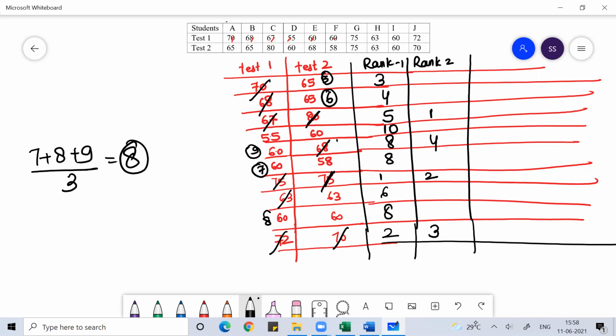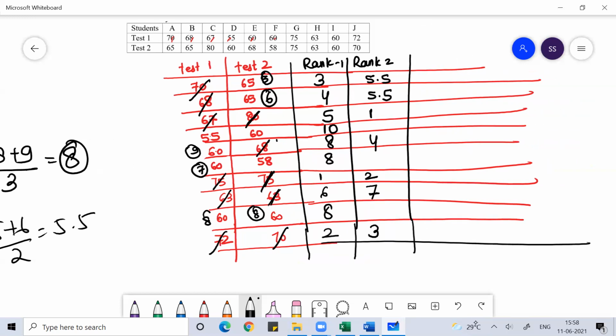There's a tie between rank 5 and rank 6, so find the average of that. You get 5.5 and 5.5. Rank 6 is done, then this is 7th rank. Then there's a tie between 8th rank and 9th rank, so the average of that will be 8.5 and 8.5.